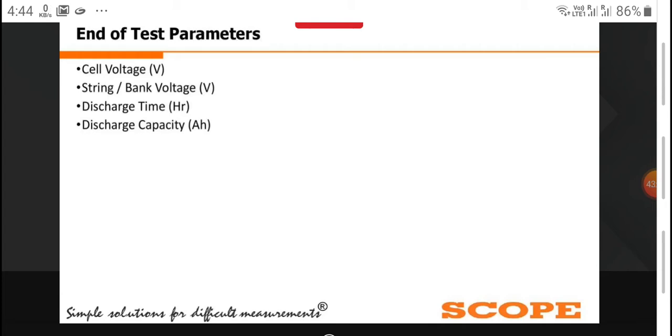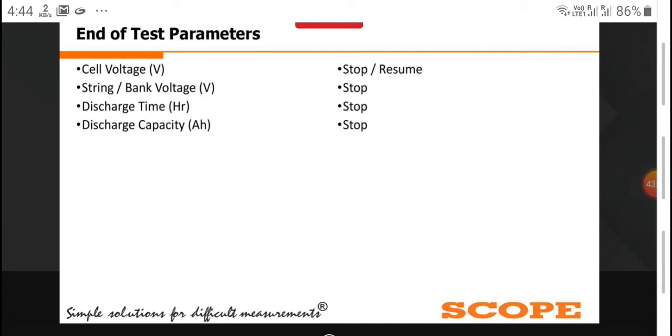And when one of these parameters is reached while doing the discharge, for example the cell voltage, say you have a 2-volt cell and you have put the value for that cell as 1.8 volt.